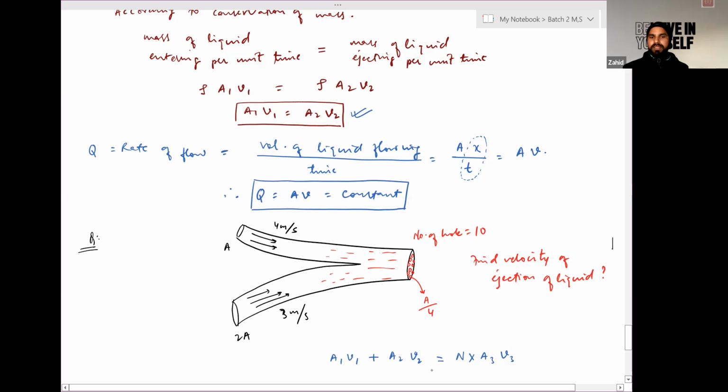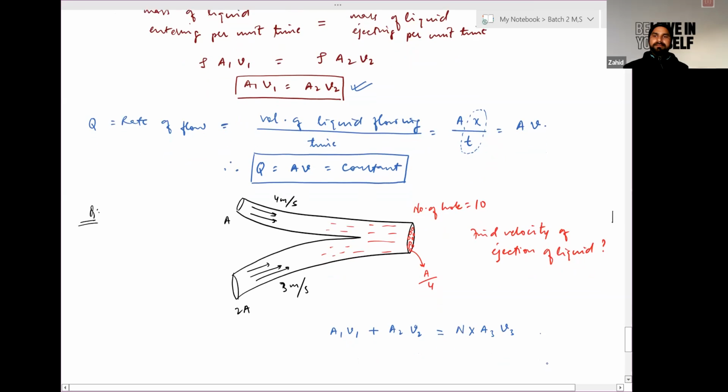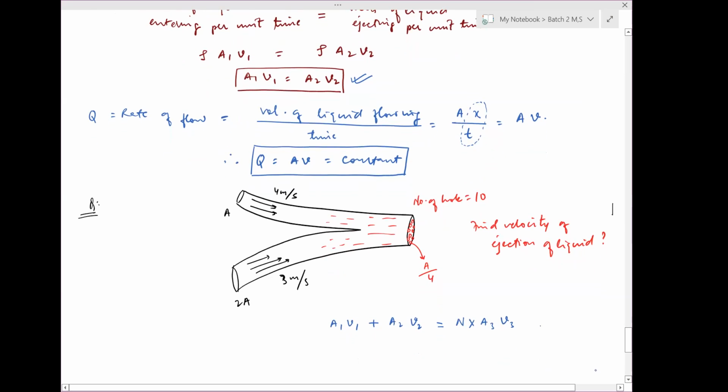Now put the value of each term and simplify to find V3. Is it clear? Yes, sir. Okay.